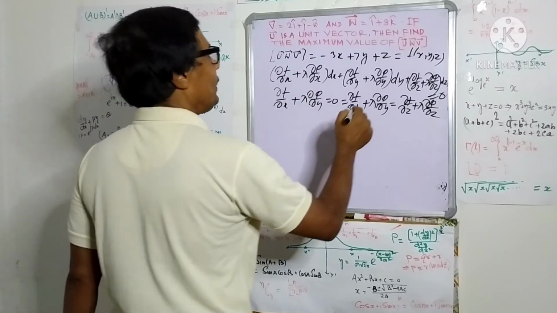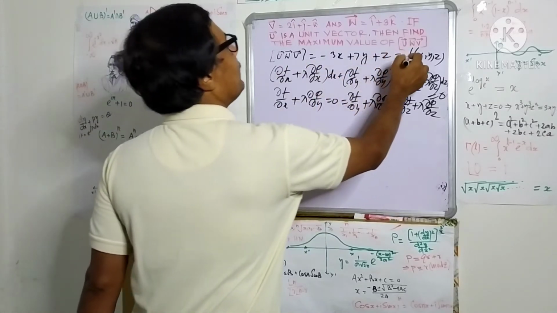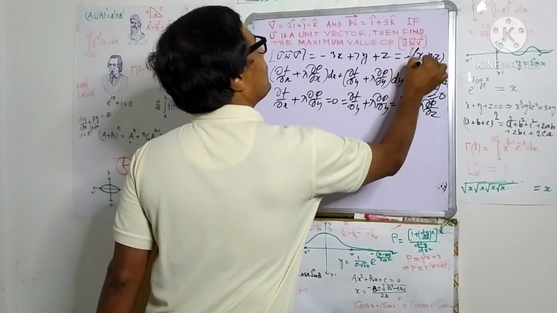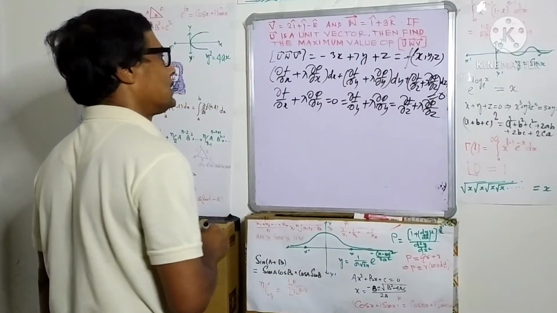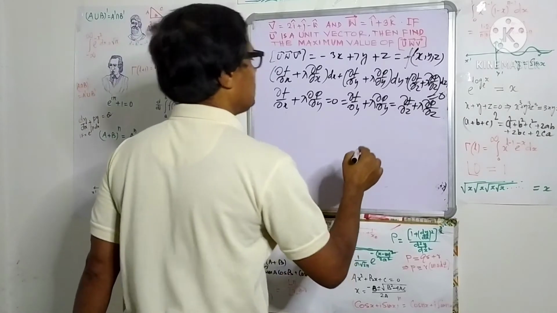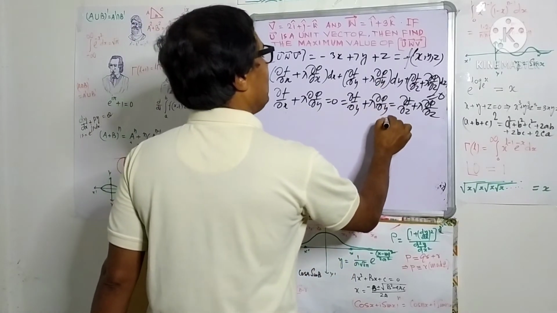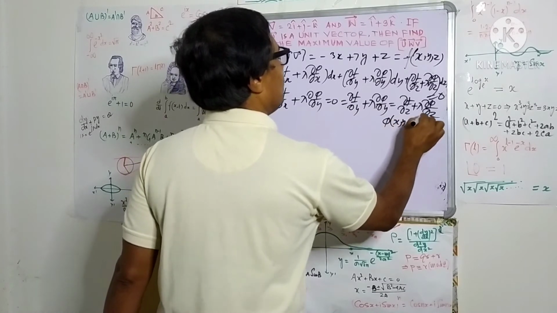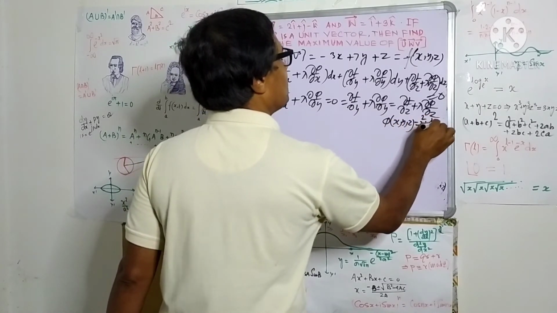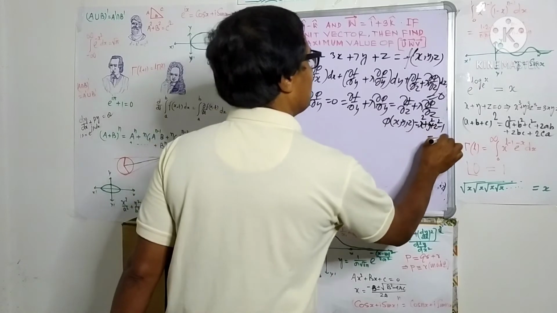So, here we have f, a function of x, y, z, that is f = 3 minus 3x plus 7y plus z, and also φ(x, y, z) = x² + y² + z² − 1 = 0.